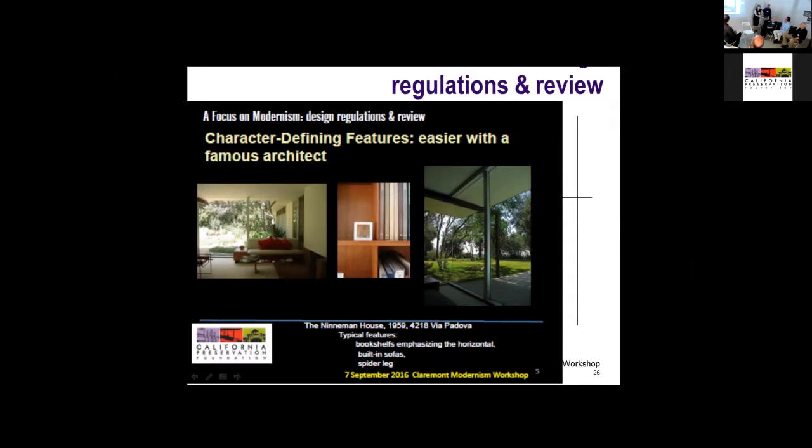In a rehabilitation of a Neutra house in the Hollywood Hills, we came across a very classic Neutra facade, right, with the strong whites and the so-called very cold Neutra brown. Thought, good to go, except the specifications in the drawings call out that where there was a Neutra brown, there was a yellow.